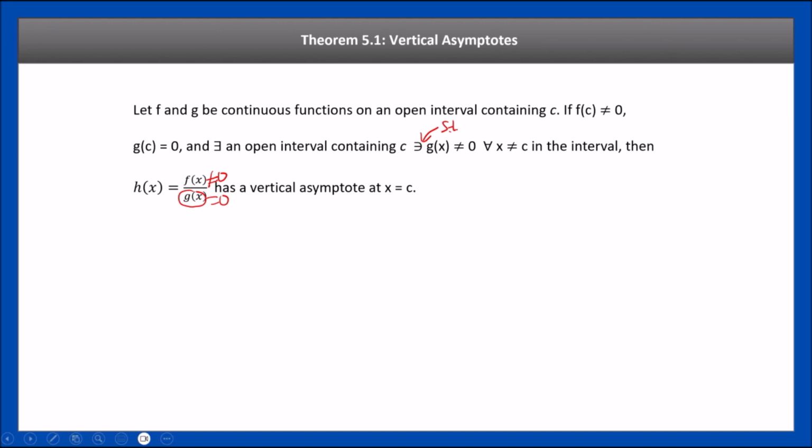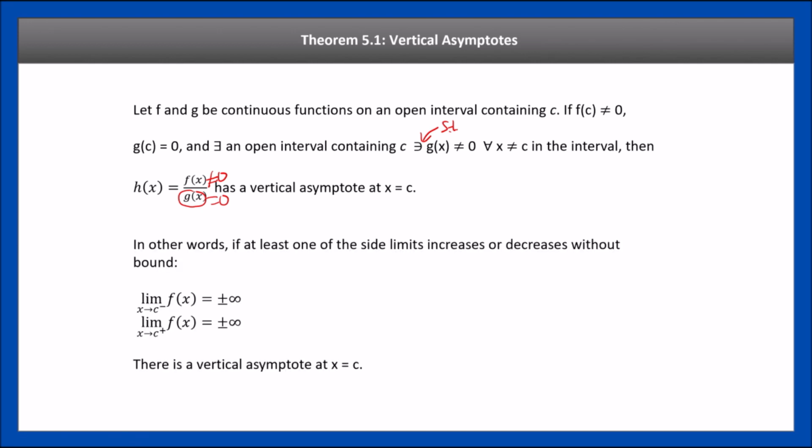Now, in terms of limits, in other words, if at least one of the side limits increases or decreases without bound, so another way of defining vertical asymptotes is, as x approaches a value from the left or from the right, it blows up, goes to positive infinity, negative infinity, whatever, then we know there has to be a vertical asymptote. Remember that the infinite limit happens when we have that vertical asymptote.